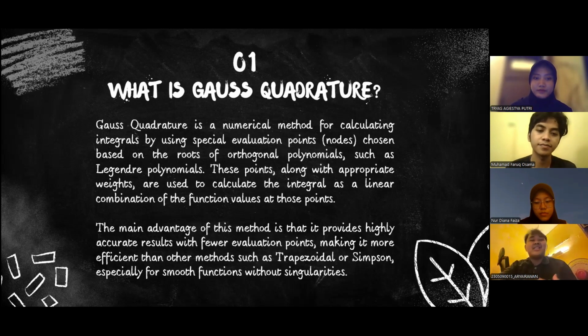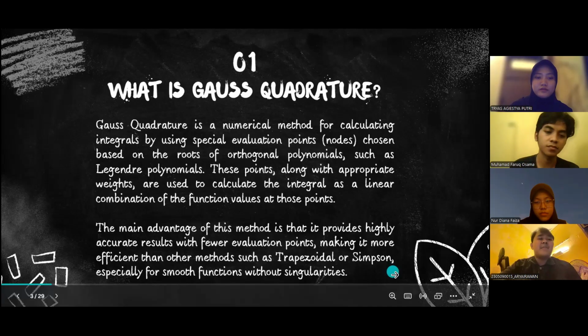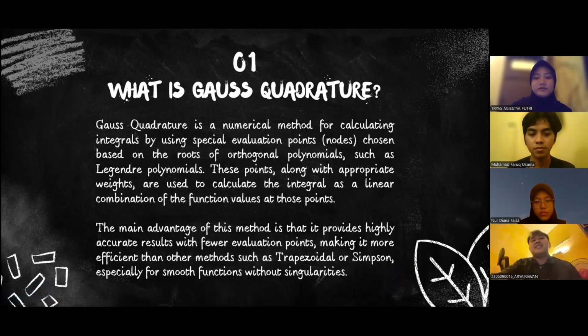The main advantage of this method is that it provides highly accurate results with fewer evaluation points, making it more efficient than other methods such as trapezoidal or Simpson, especially for smooth functions without singularities.